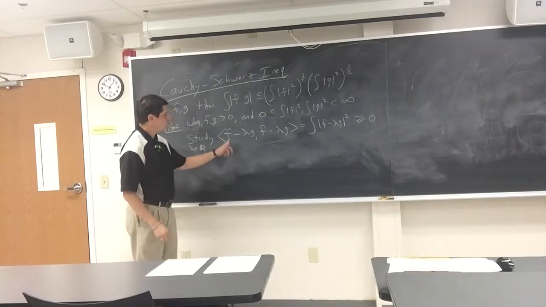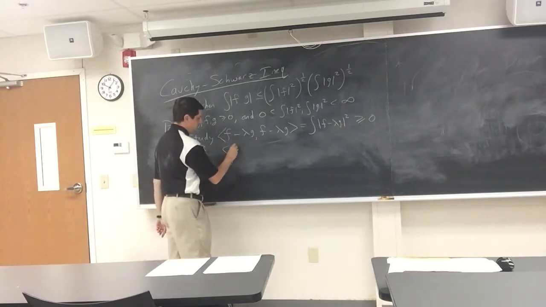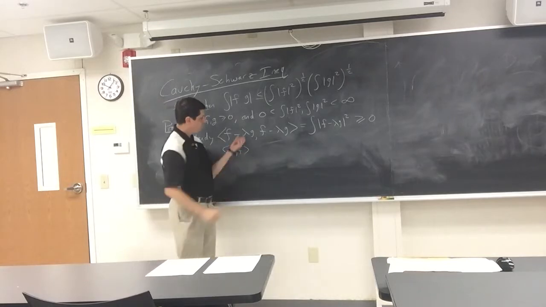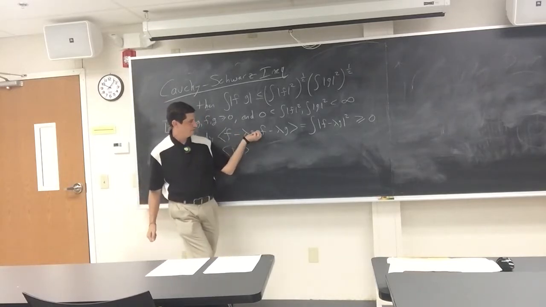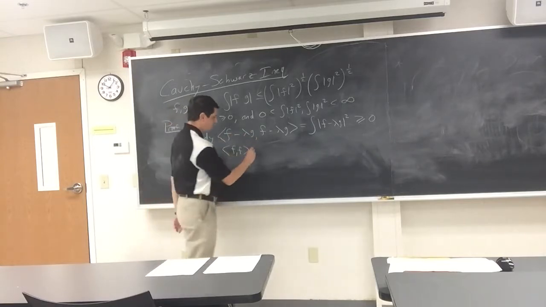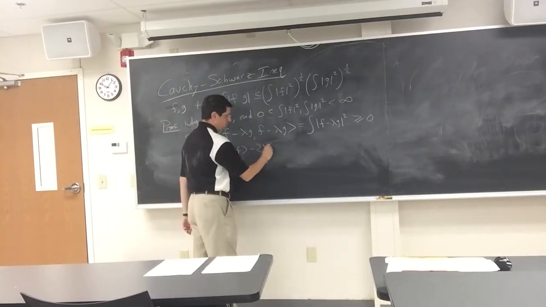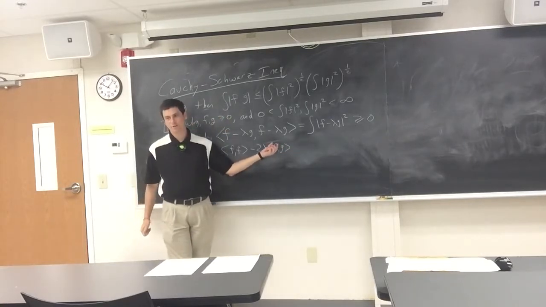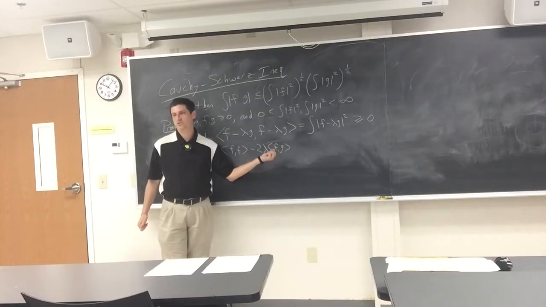So if you expand things out, what do we get? We get the inner product of f with f. Then we have a minus lambda gf. Then we have a minus f lambda g. So we get minus 2 lambda fg. And this is where it's important that I have things that are real valued. If they weren't real valued, f dot g is not the same as g dot f because we have to take complex conjugates.